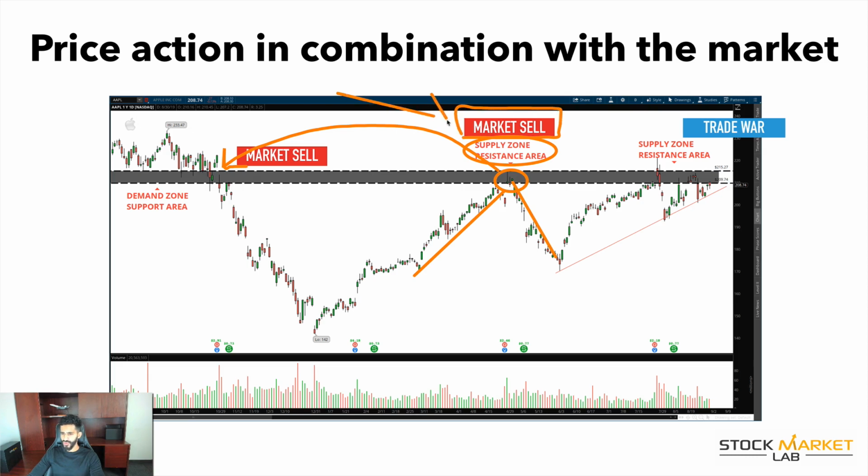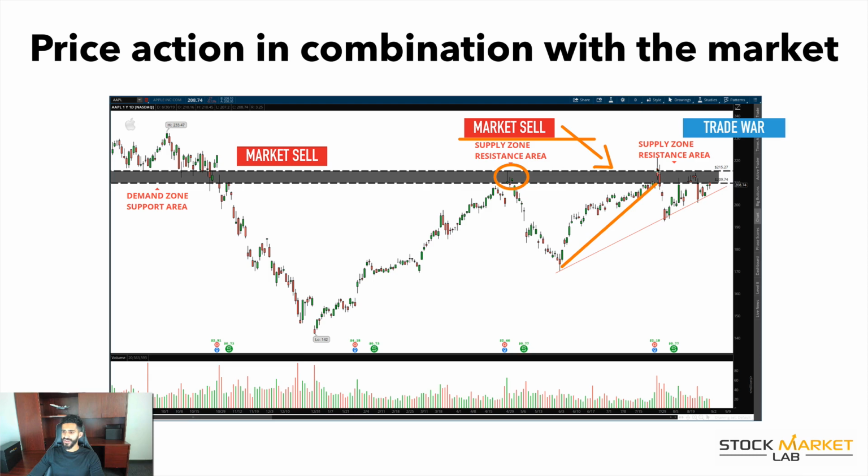Because of Trump. There was a tweet that was put out based on the China trade deal that caused the market to sell off. Having a stock like Apple at this critical level, right, with the market selling off and having negative sentiment is going to give us the highest opportunity to get out of the stock or short it, right? So that's what happened here.